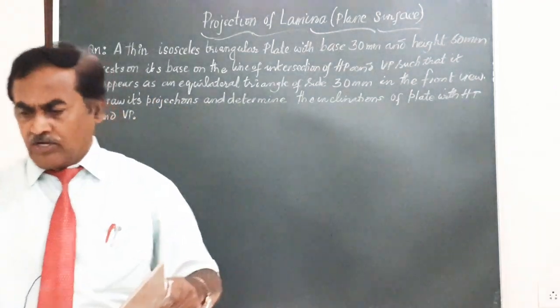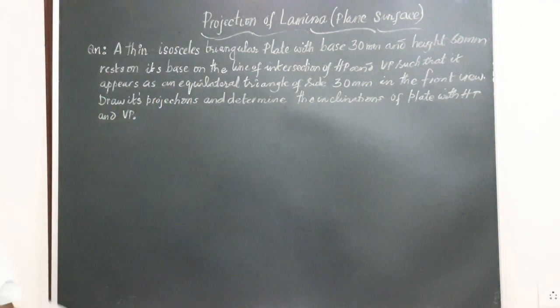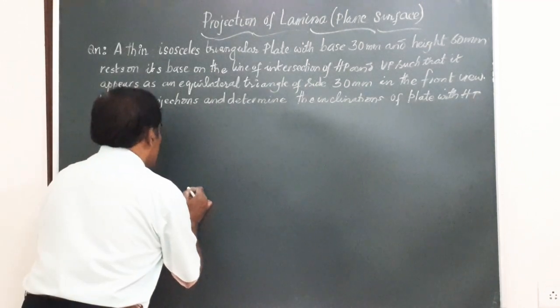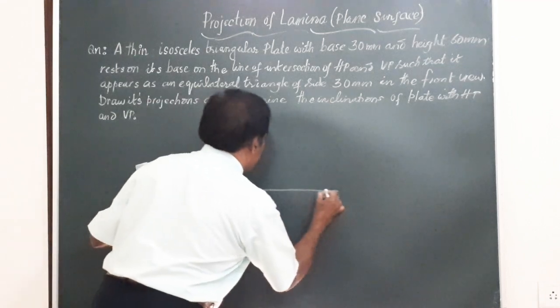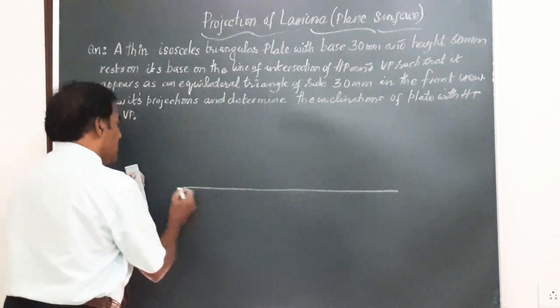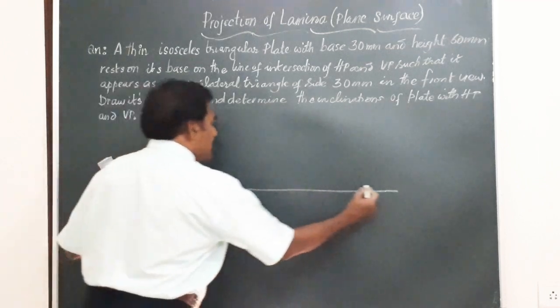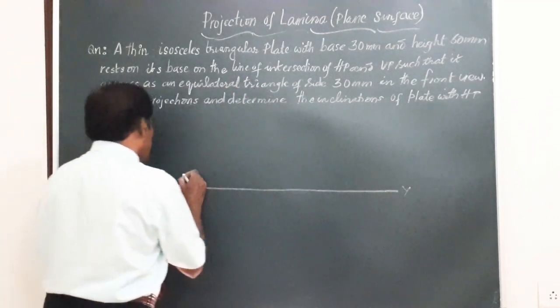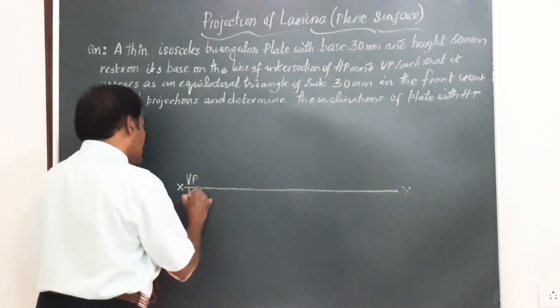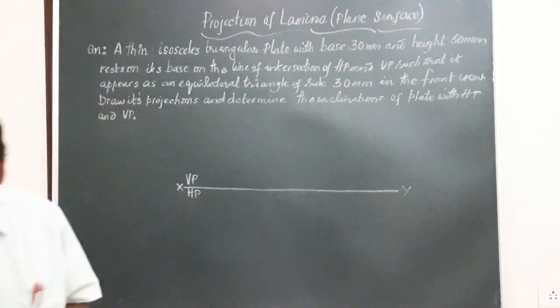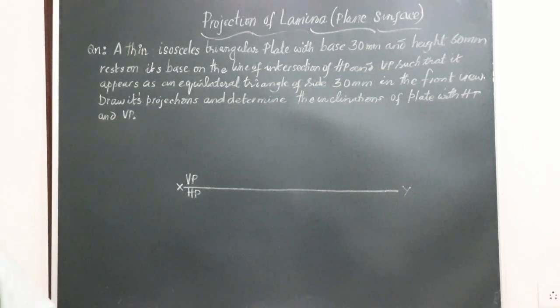So, to commence this problem, let me write down the XY line. First, let us start with the XY line. So, XY line is the line of intersection of VP and HP. So, I will just mark here XY, then VP by HP indicating first angle projection. Friends, the lamina is placed on the line of intersection, means on XY.